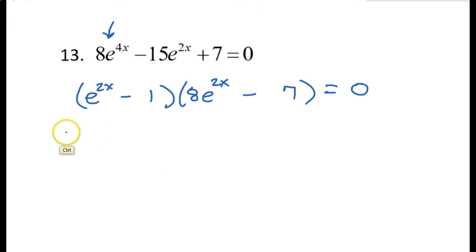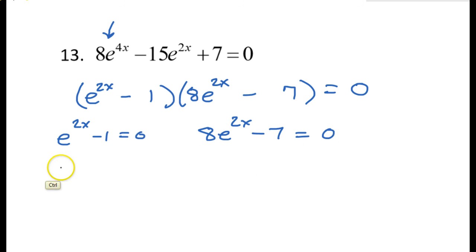Now we have to set each one of these factors equal to 0. So e to the 2x minus 1 equals 0, and 8e to the 2x minus 7 equals 0. This will be e to the 2x equals 1, and 8e to the 2x equals 7.